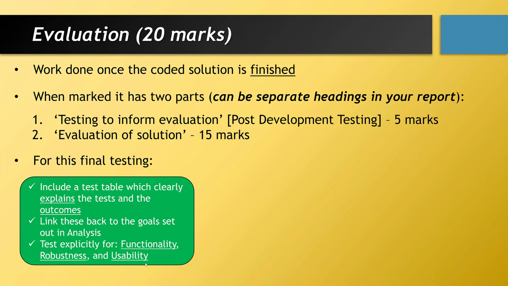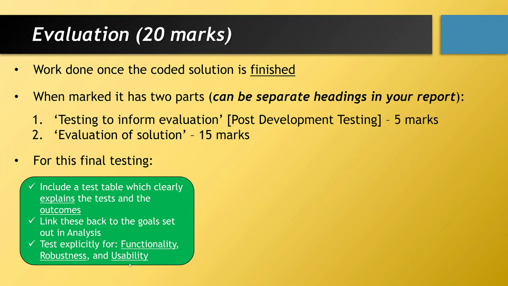I would personally be tempted to have 3 separate test tables for each of these 3 areas. So functionality is about what does it do? Does it do this feature, yes or no? Usually quite plain, usually quite simple, maybe quite a long test table. Robustness, like I've said a few times, is about checking, does it respond well to weird inputs and errors? Will it crash? Is it stable?